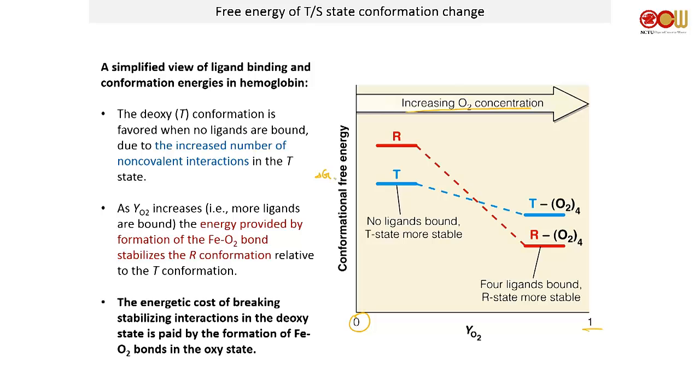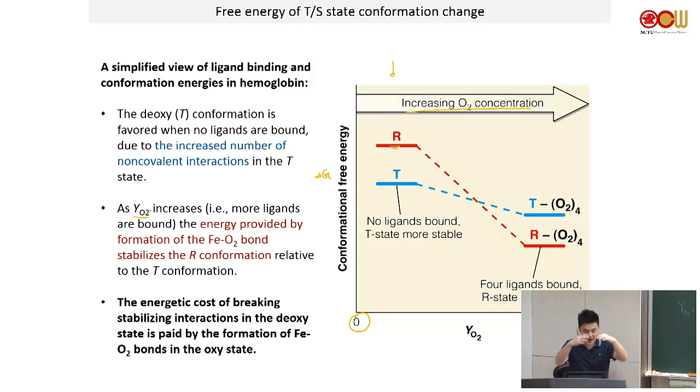The R state at low O2 is going to be higher energy. Why? As the fraction of oxygen bound to the hemoglobin increases, the energy provided by the formation of the iron-O2 bond stabilizes the R conformation relative to the T conformation. So O2 binds to the iron, the iron goes into the center of the heme, the heme becomes happy, and then it kicks out the valine, and then it's reversed.